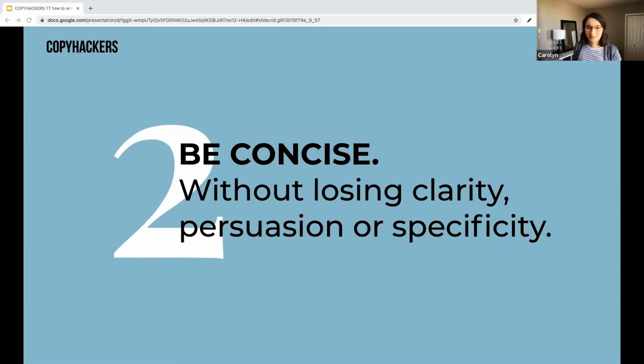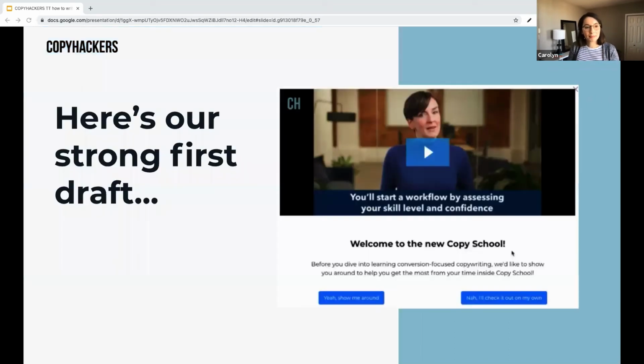So what does that look like in terms of our tour copy? For an example, let's look at this welcome message. This is our strong first draft. Sarah identified that she really wanted students to move through this tour copy, instead of clicking out, because of those goals that we had initially set out.